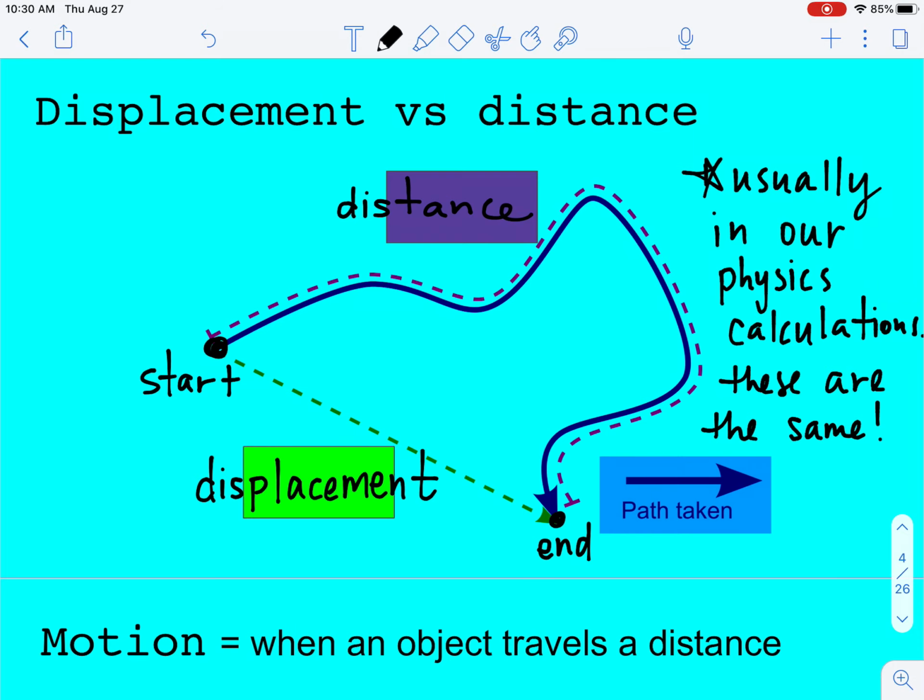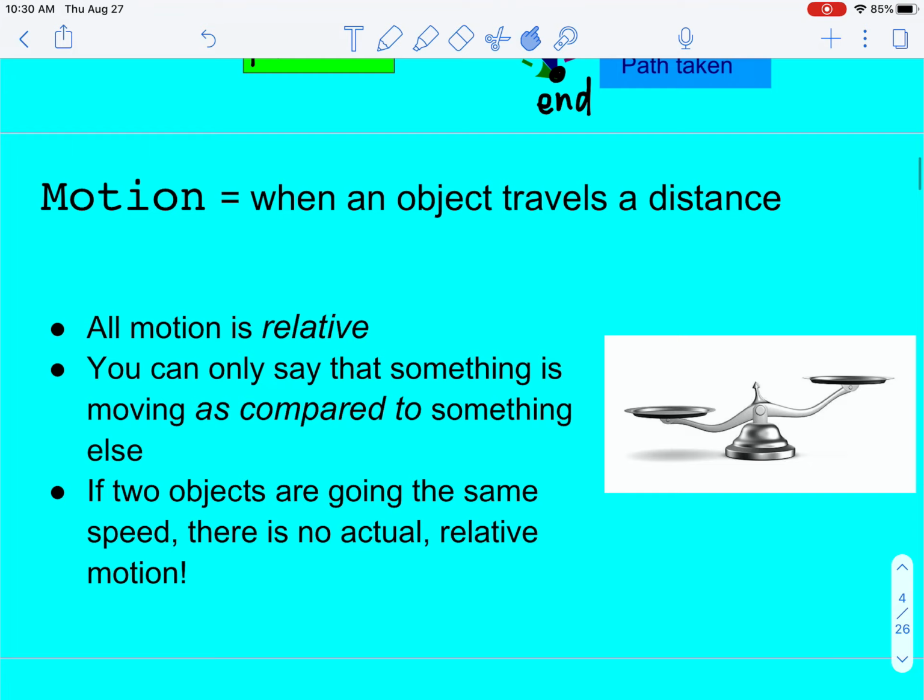So what do we even mean in physics when we say something moves? Well, motion is just when an object travels a distance. However, all motion is relative. And what that means is we only really say that something is moving as compared to something else.